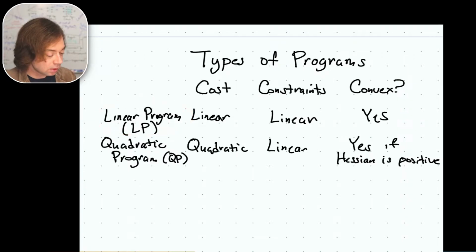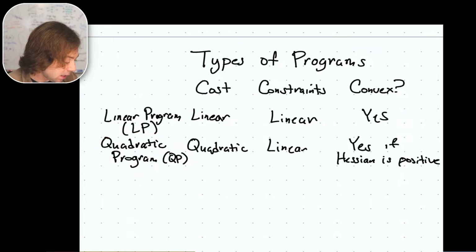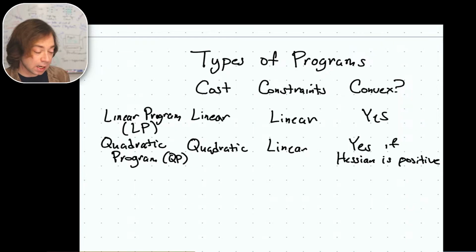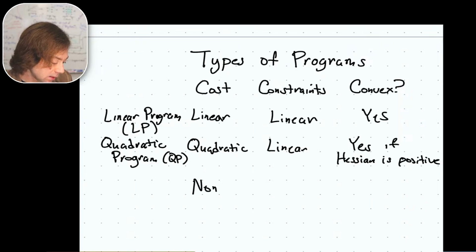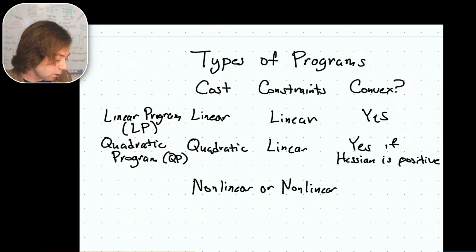It's great. The quadratic program is awesome. We'll be using that a lot. And if things get more complicated, if either the cost or the constraints are nonlinear, we call it a nonlinear program.